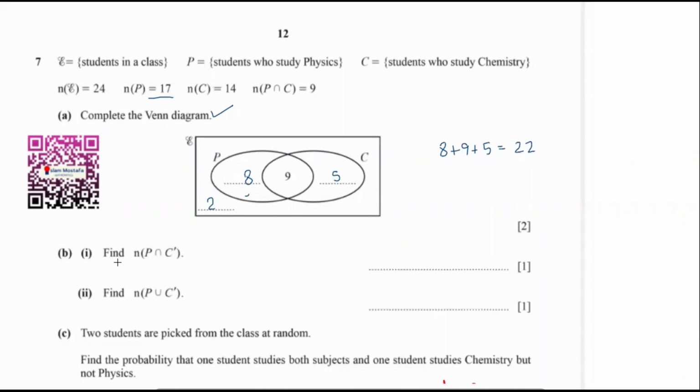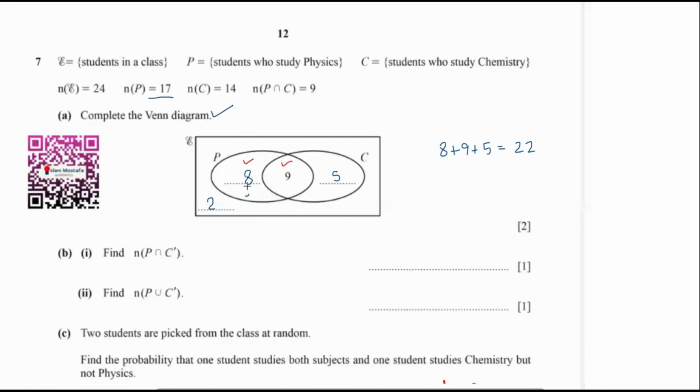Part B, find N of P intersection C dash. Now you see here, firstly we mark the P region with a red tick. This is the P region, and this is also the P region. Next is the C dash. The C dash region we mark with green. This whole region is C, so the C dash will be outside of this oval shape.